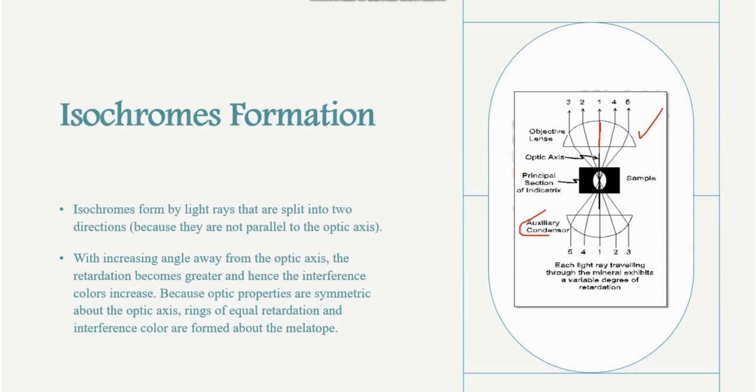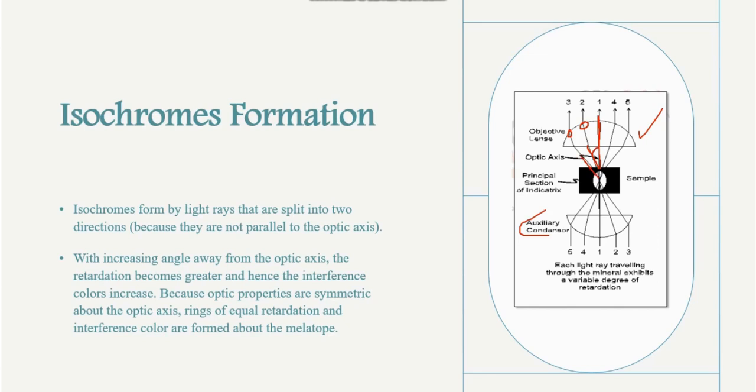But now let's check paths 2 and 3, for example. Path 1 experiences zero retardation. Path 2 experiences at least moderate retardation. But path 3 experiences greater retardation, because if we consider this optic axis, path 1 is parallel to the optic axis, but for path 2 the angle is not too great, it's moderate.